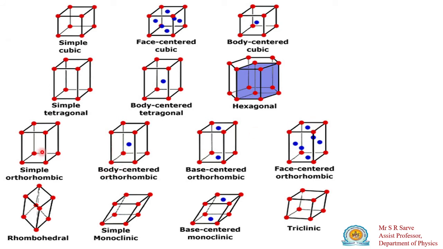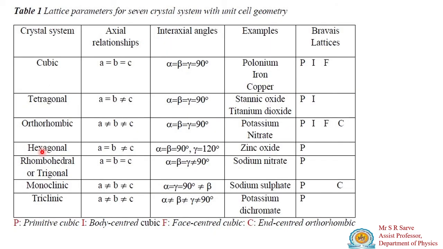So orthorhombic has all four types: primitive, body centered, face centered, and end centered. All three sides are different in orthorhombic, and all angles are equal to 90 degrees.